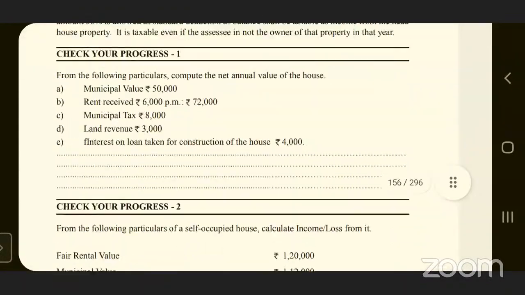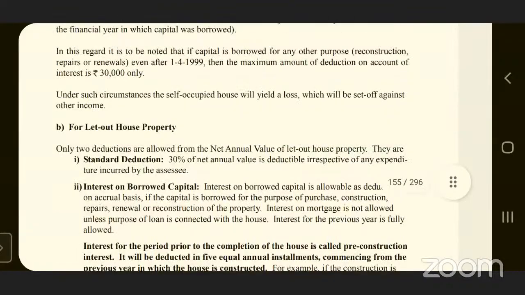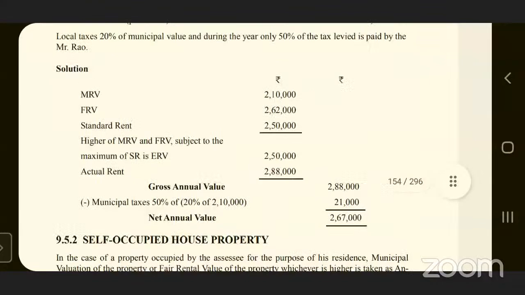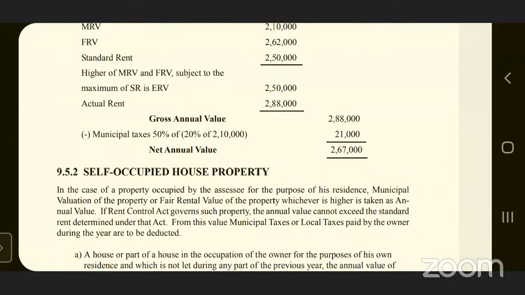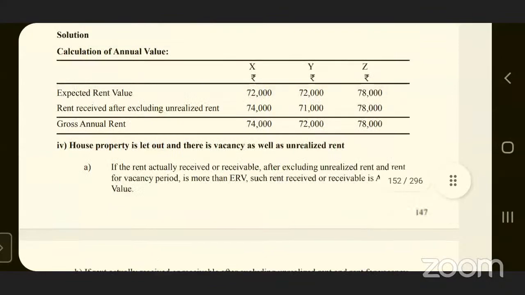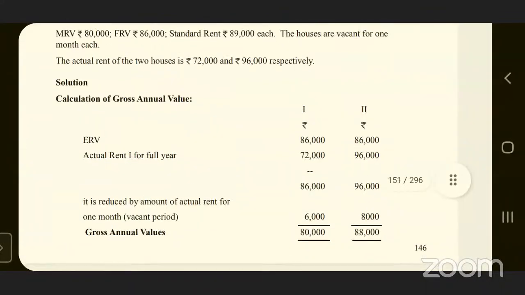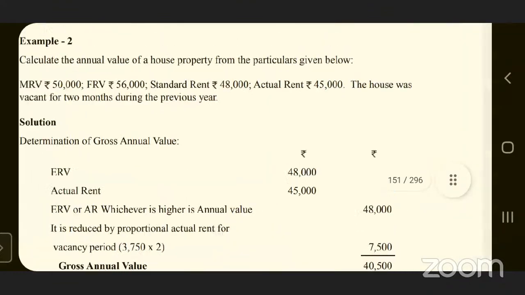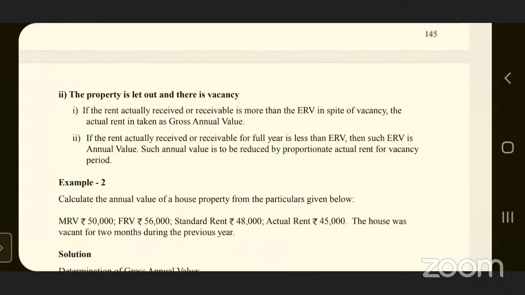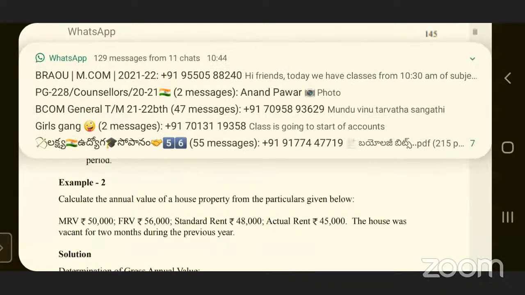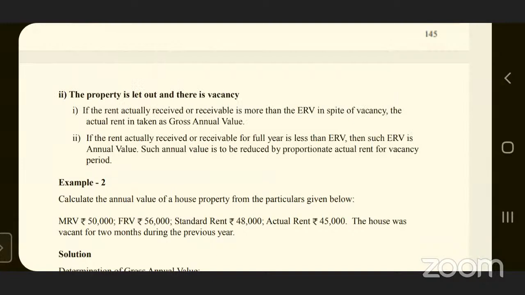Before starting the explanation regarding the problems, whatever I left over regarding unrealized rent and vacancy period: if the rent actually received or receivable is more than the ERV in spite of vacancy, the actual rent is taken as gross annual value.